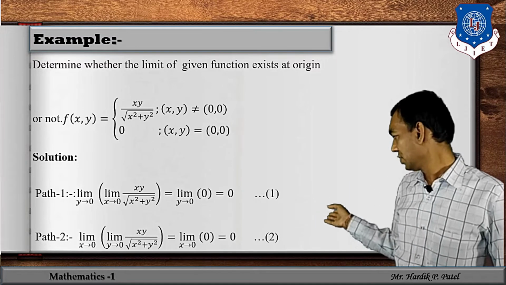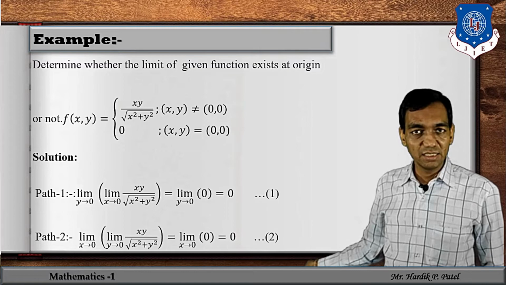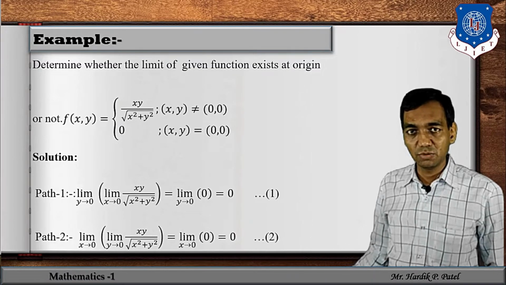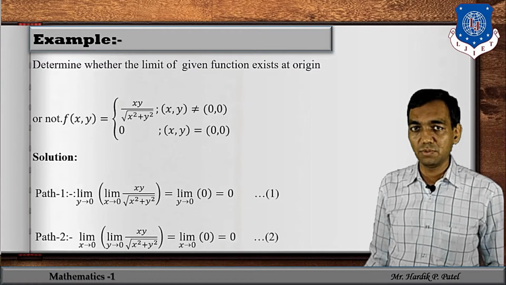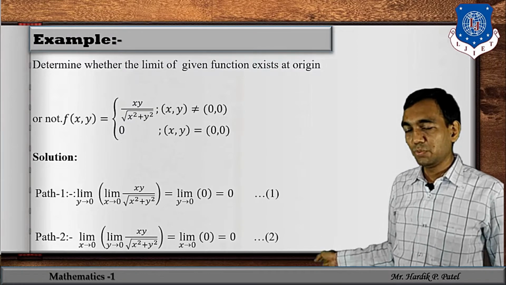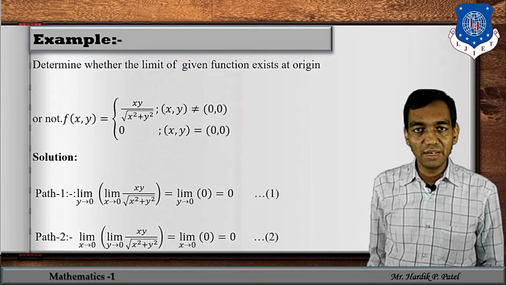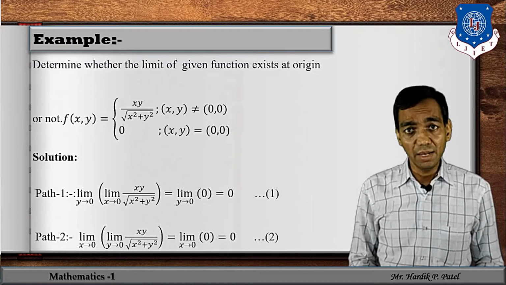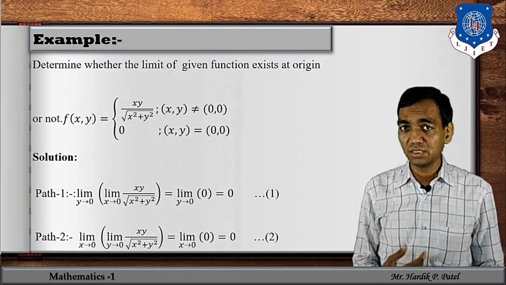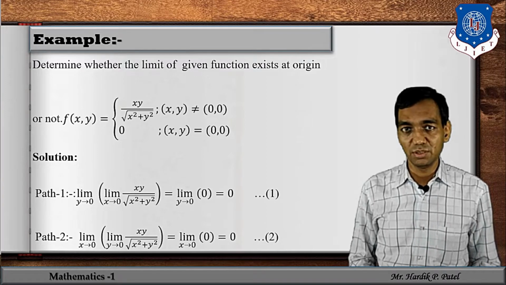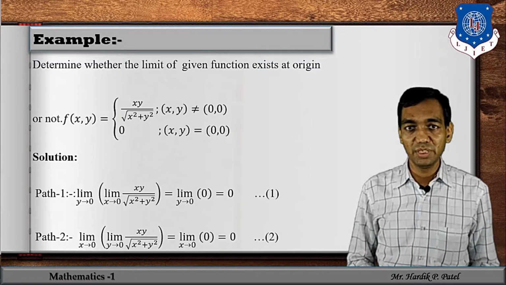In the same manner, secondly, for path 2, limit x tends to 0, limit y tends to 0, xy upon under root of x square plus y square. If you put y as 0, then you will have limit x tends to 0, 0 divided by under root of x square, that will be 0. And that's why you have a limit 0. So for both paths, you have a limit 0.